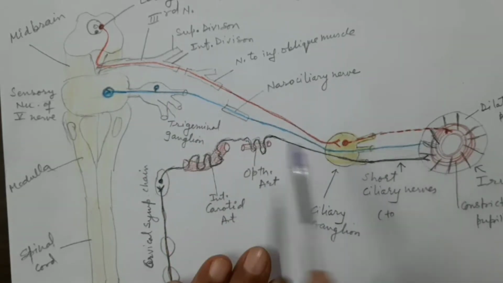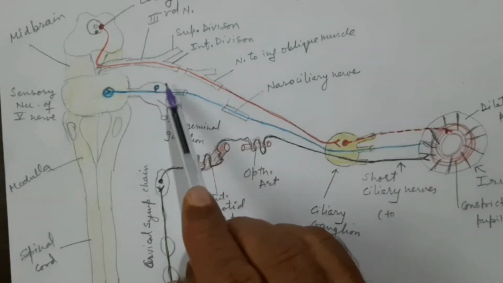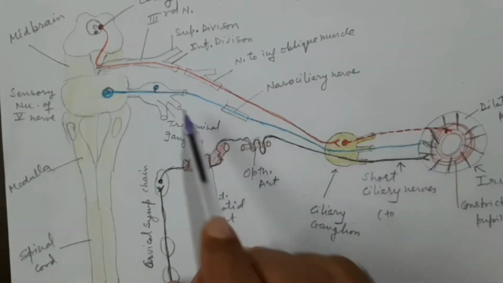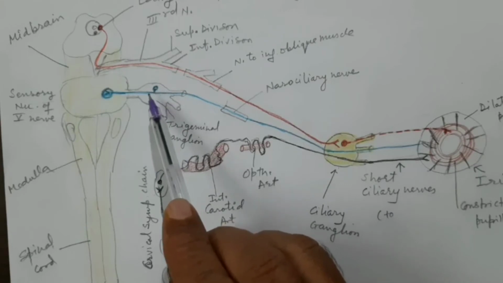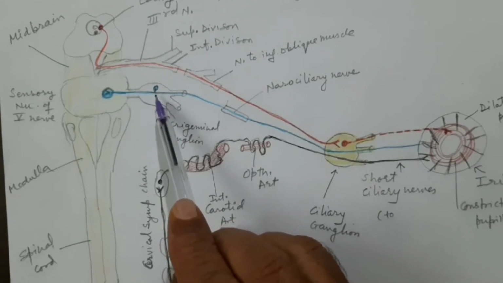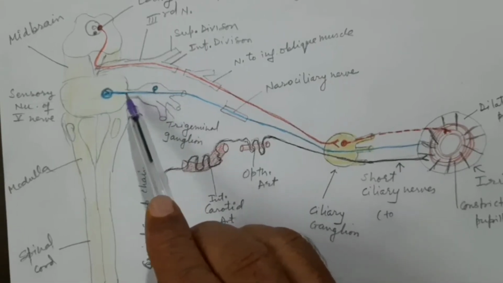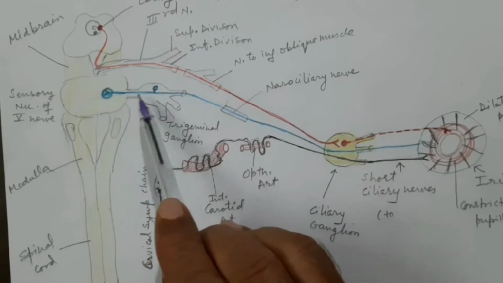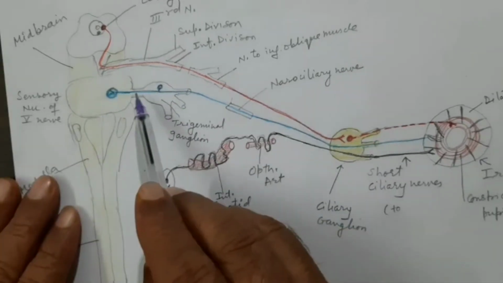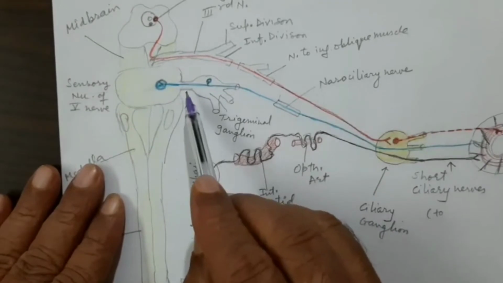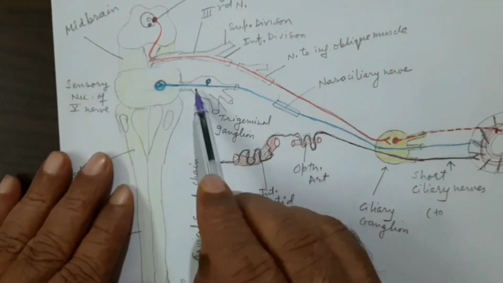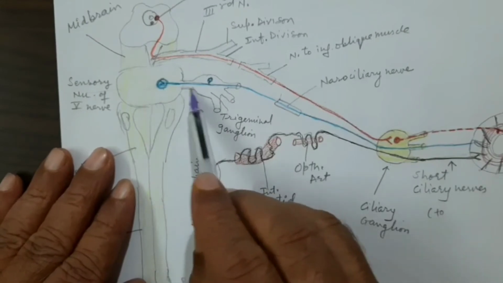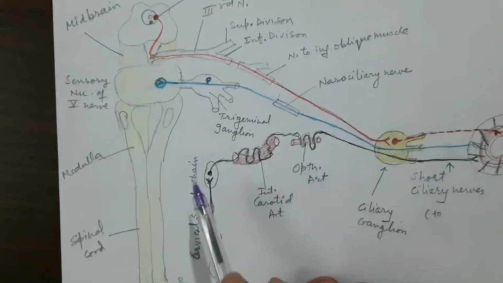So from the eyeball to this trigeminal ganglion, it is the peripheral process of the sensory nerve cells of this ganglion. The process that is going and ending into the sensory ganglion is the central process.